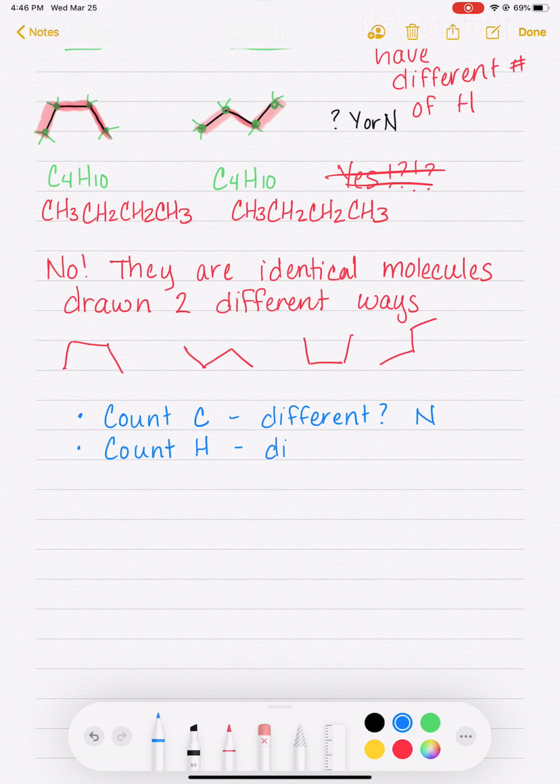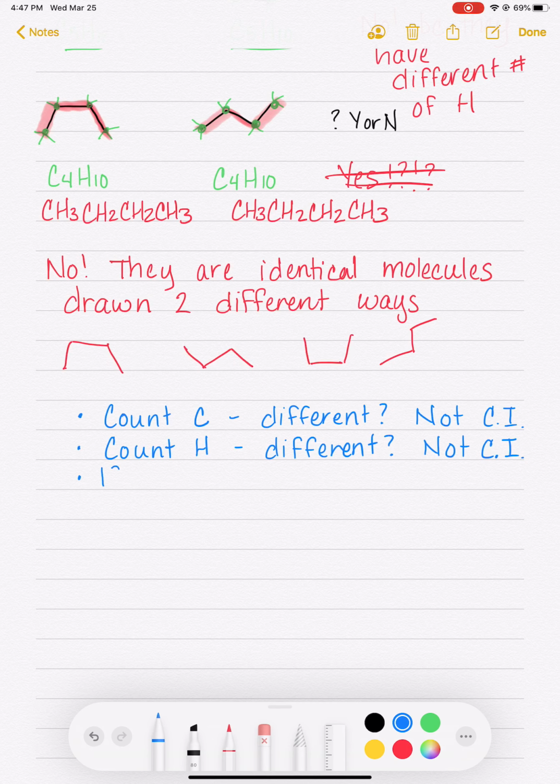If you have a different number of hydrogen atoms, then no, they're not constitutional isomers. So count the carbons. Is there a different number of carbons? If so, then they're not constitutional isomers. Count the hydrogen atoms. Is there a different number of hydrogen atoms? If so, those also are not constitutional isomers.